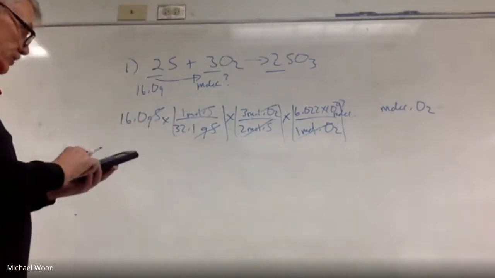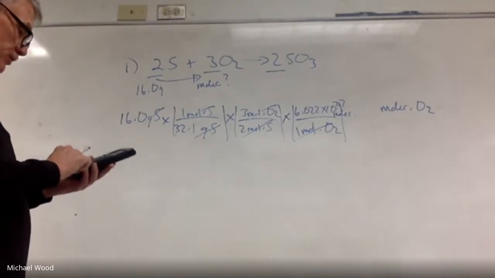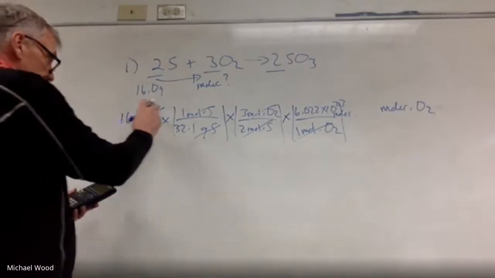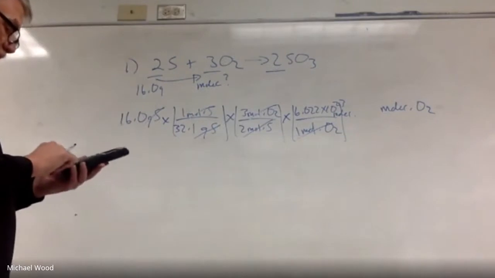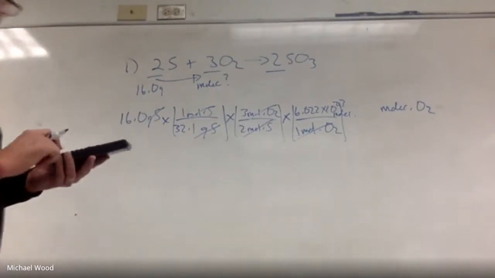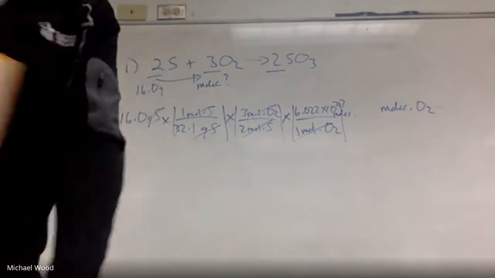So 16.0 times 1 times 3 times 6.022 times 10 to the 23. So I multiply this by this by this by this, and I hit enter, and divided by 32.1, enter, and divided by 2. And what I get there to 3 sig figs is 4.50 times 10 to the 23rd.